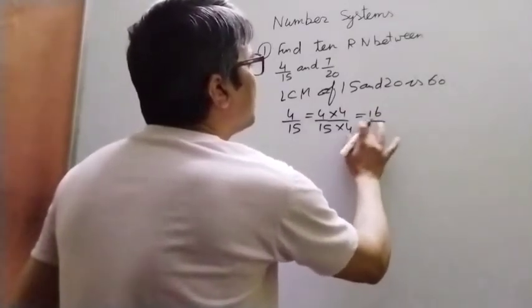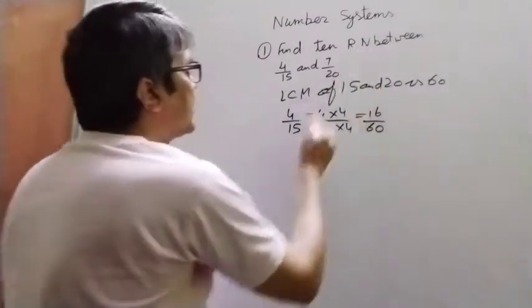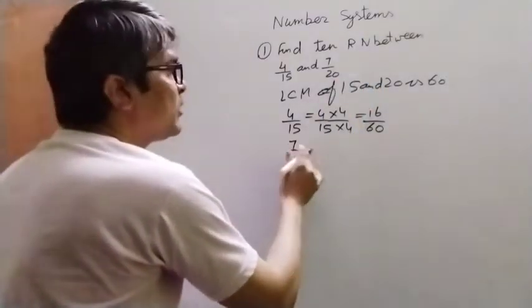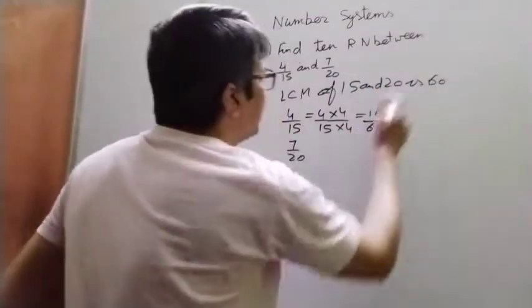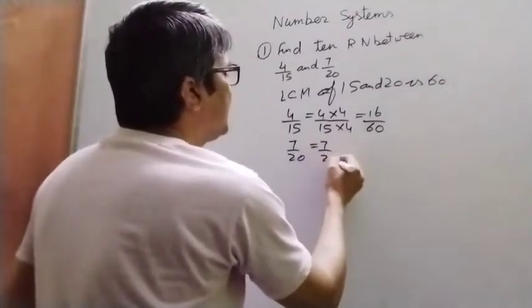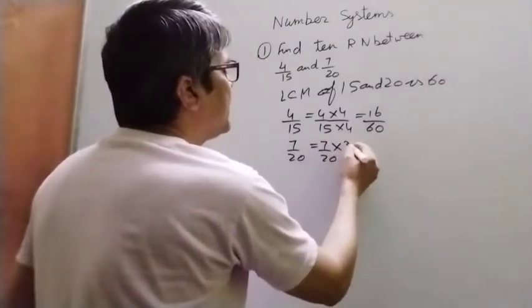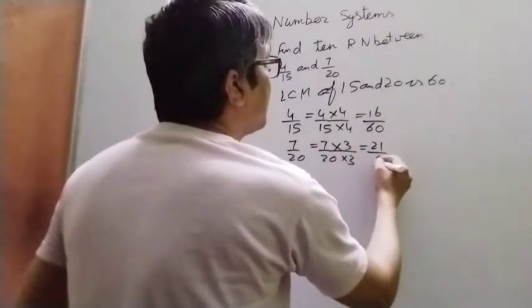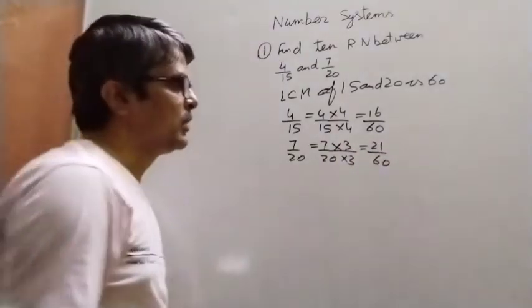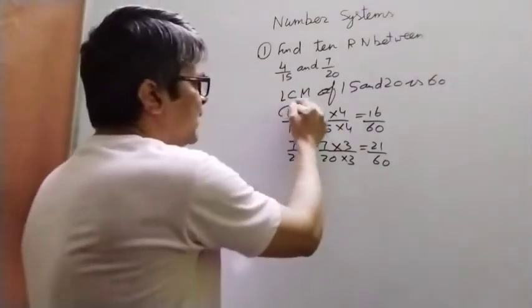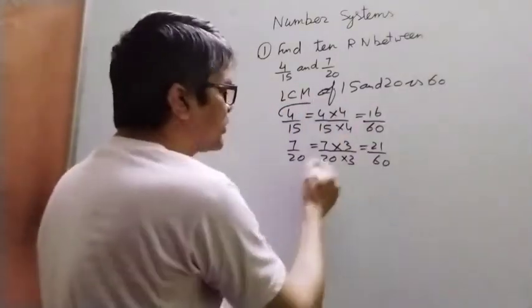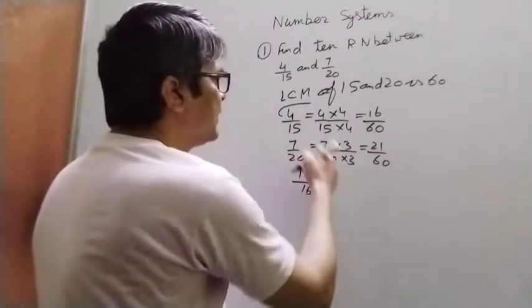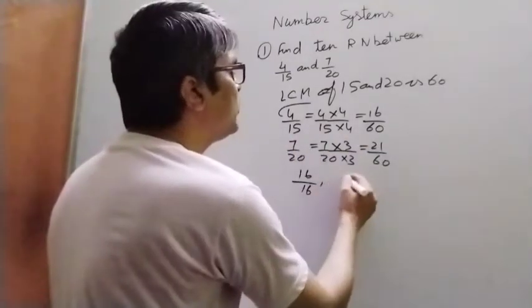Second one is 7 by 20, to make 60 you have to multiply numerator and denominator by 3, giving 21 by 60. So now this has been converted into 16 by 60 and this into 21 by 60.